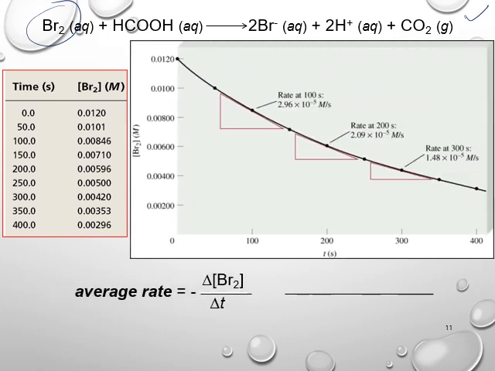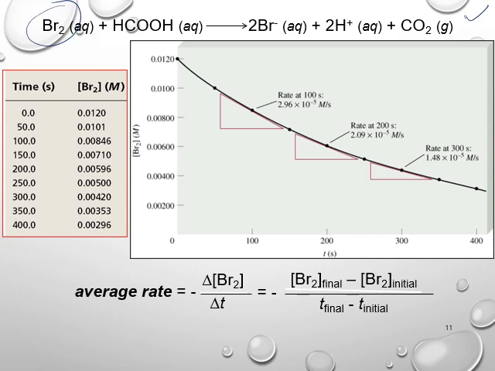So the average rate can be written as negative delta square bracket of bromine over delta t, where it is the final concentration subtract the initial concentration, divided by the difference in the time.